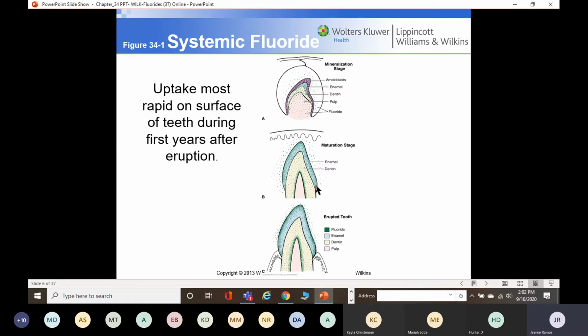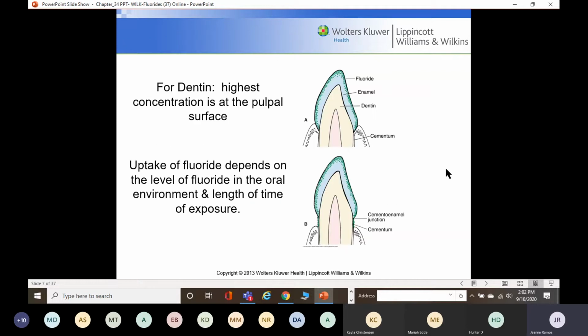This is when it's maturing and getting closer to erupting through the tissue. Then you have the erupted tooth that's come through the tissue, and now you have the papilla on each side as well.